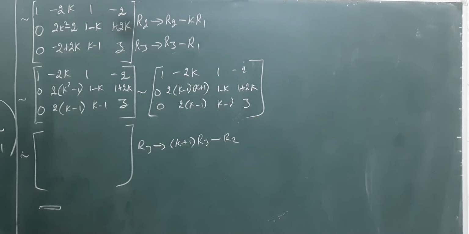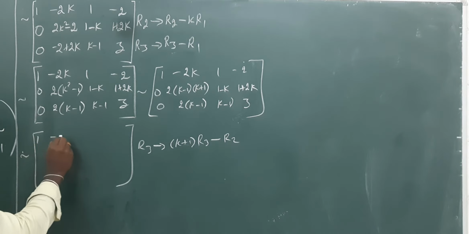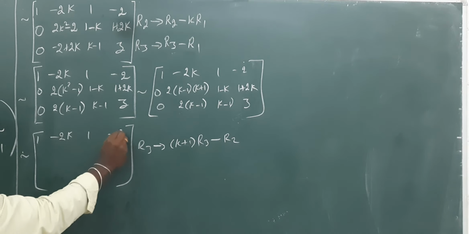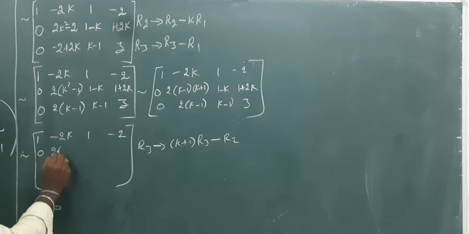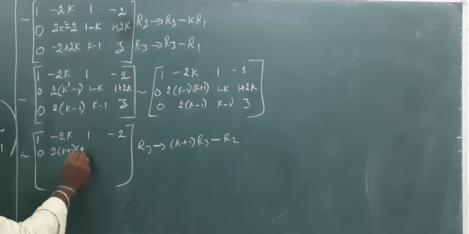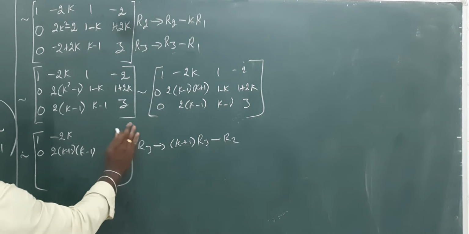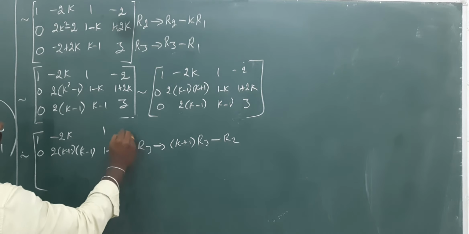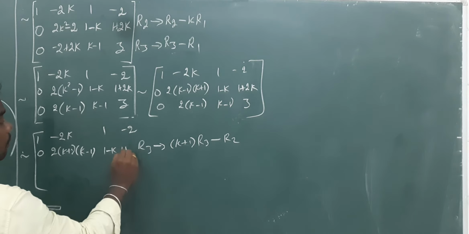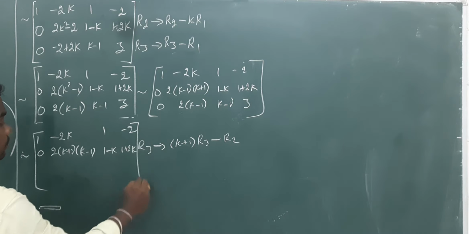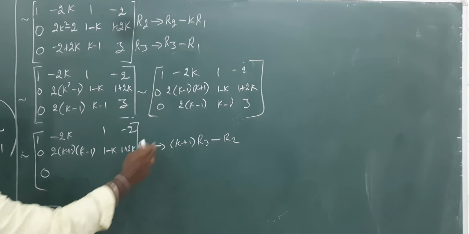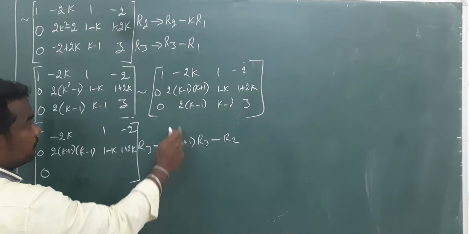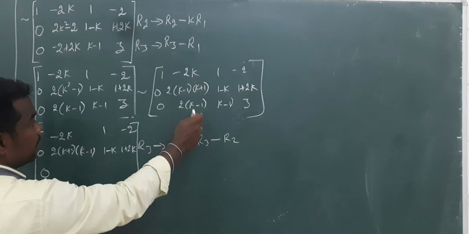Now easily cancel it. So you write the remainder rows: 0, 2 into k plus 1 into k minus 1. Then 1 minus k, minus 2, 1 plus 2k. 0. If you multiply, the new row is 2 into k plus 1, k minus 1.